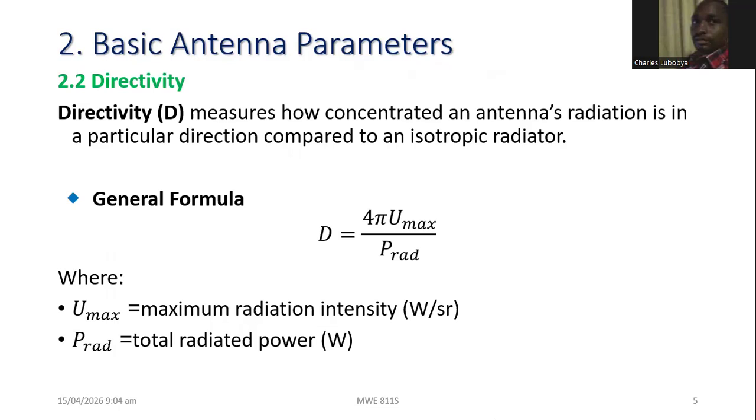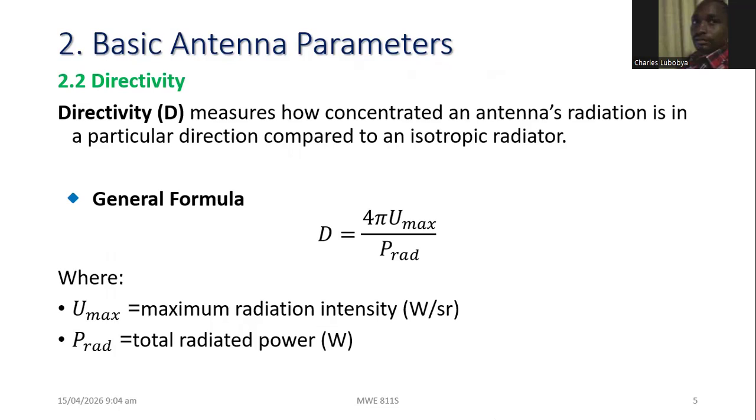And the general formula for calculating directivity is 4 pi U max divided by radiation power, where U max simply means the maximum radiation intensity. So if I know the radiation intensity divided by the total radiated power, which will be in watts, then I can actually calculate it using this general equation.